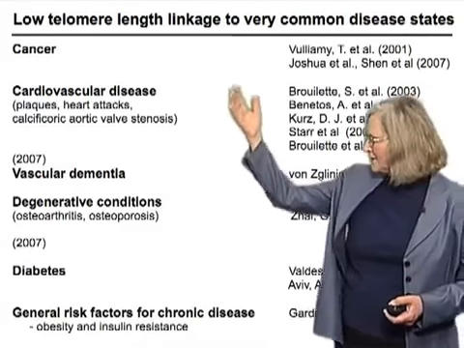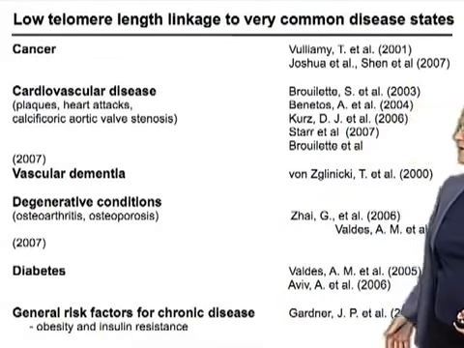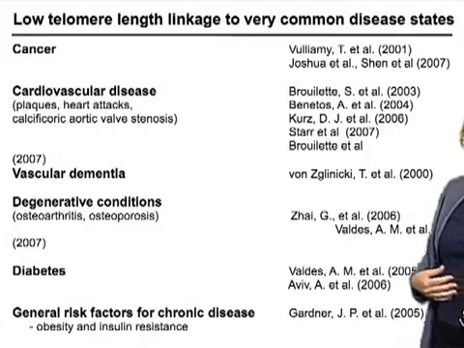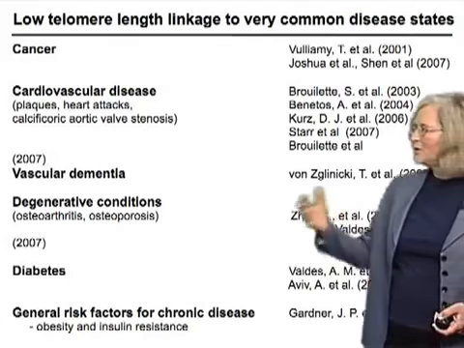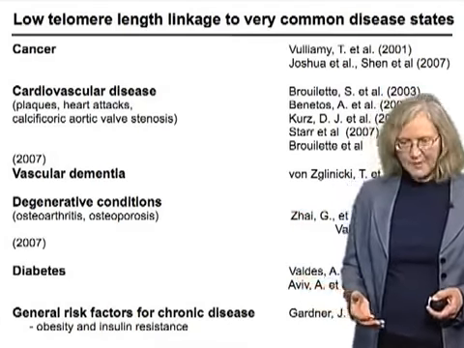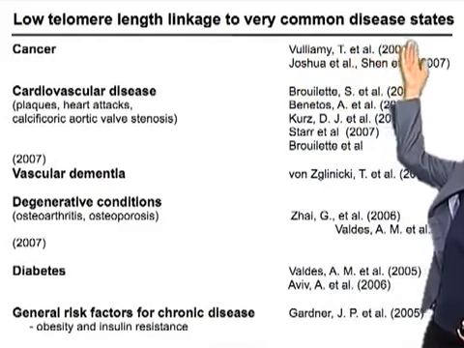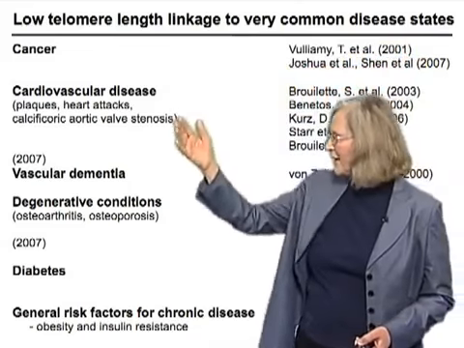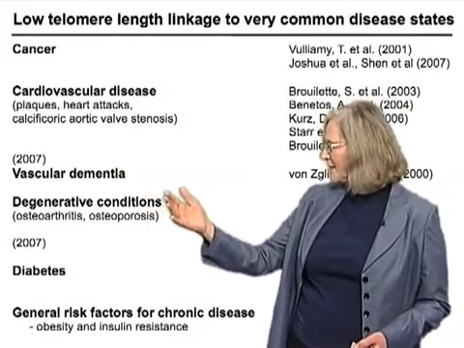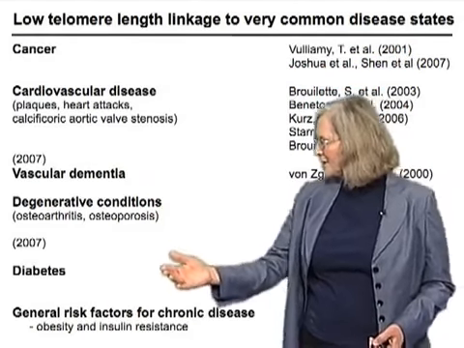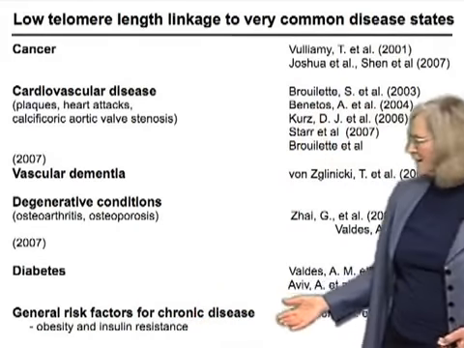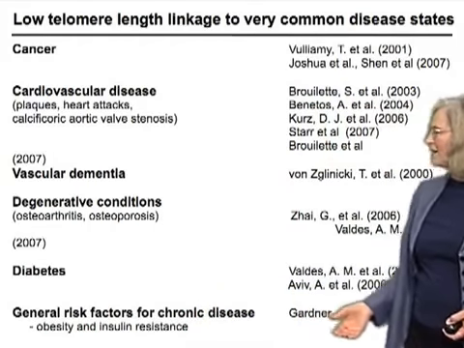Finally, just let me show you a lot of data that have been accumulating in the last few years in which low telomere length is being more and more linked to rather common diseases of aging, such as cancer, cardiovascular disease, vascular dementia, various degenerative conditions, diabetes, and in fact, risk factors overall for chronic disease.